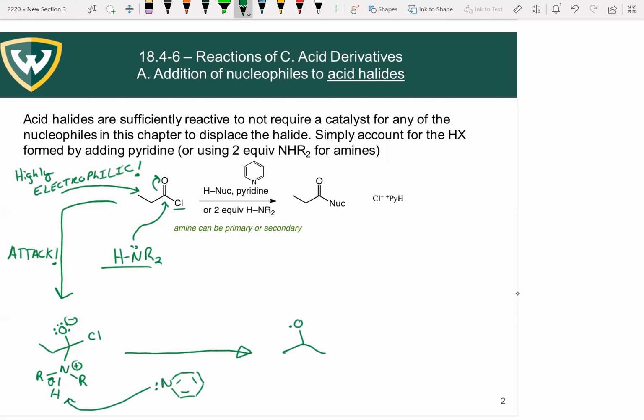This means it's a mild base, not too strong, not too weak. And this leads to the anionic tetrahedral intermediate. And this collapses to afford the substituted product. In this case, nucleophile equals NR2.